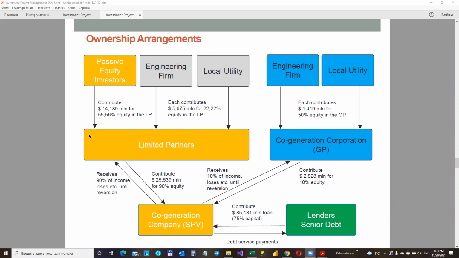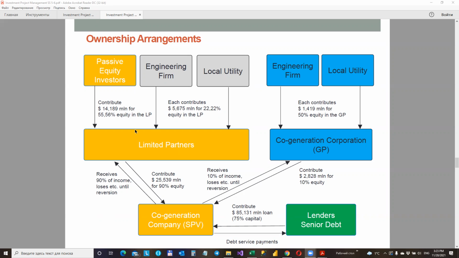Any ideas? Who can remember from alternative investments how it's called? It's sort of a catch-up provision.